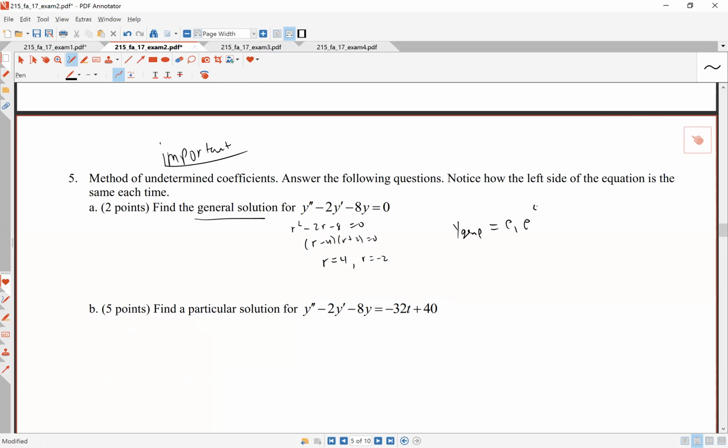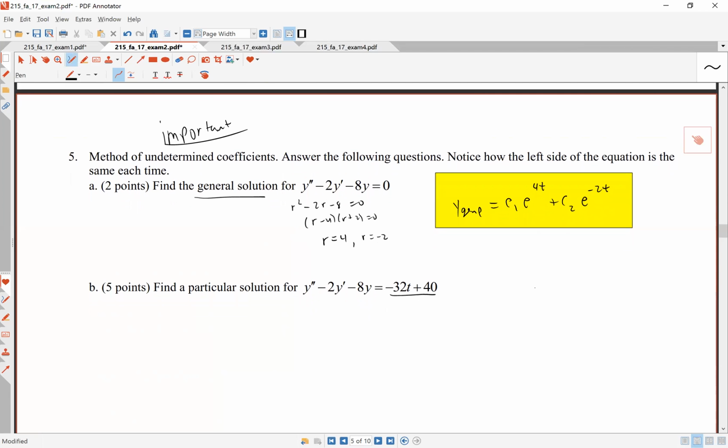As long as the right-hand side doesn't have an e to the 4t or e to the negative 2t, everything is fine. So to find a particular solution, if the right side is a linear polynomial, then we try something of that same exact form, a t term and a constant term.